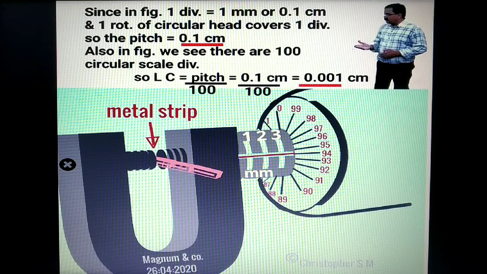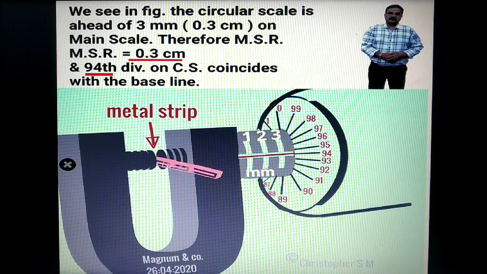Also in the figure we see there are 100 circular scale divisions, so the least count will be pitch divided by 100, that is 0.1 centimeter divided by 100, that is equal to 0.001 centimeter. So we got the least count, we have got the pitch.